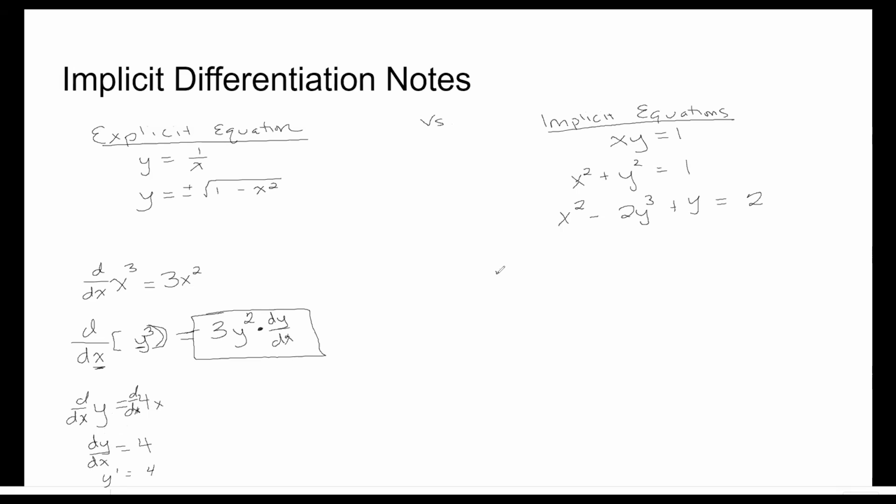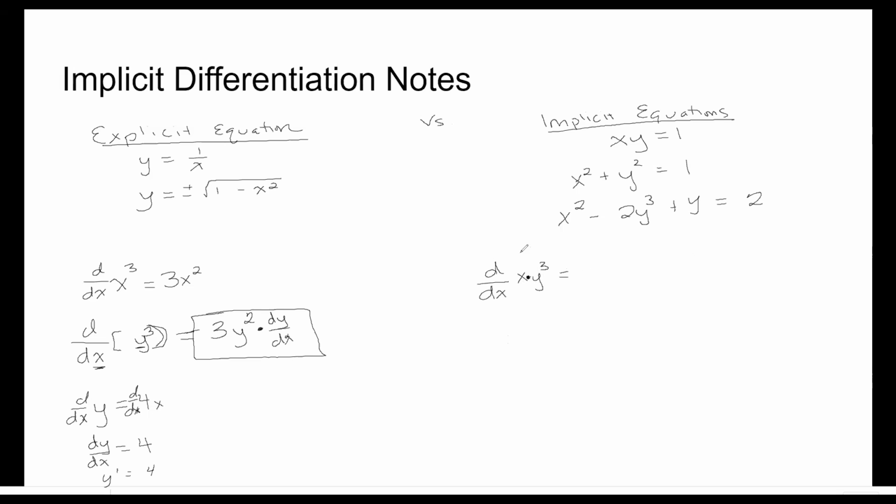So let's look at taking the derivative with respect to x of x y cubed. You'll notice here that we have a product between our x and our y. What I like to do when I analyze this before I take the derivative is, if there's a product, I put that little multiplication sign in there, just so that I don't forget to use my product rule.